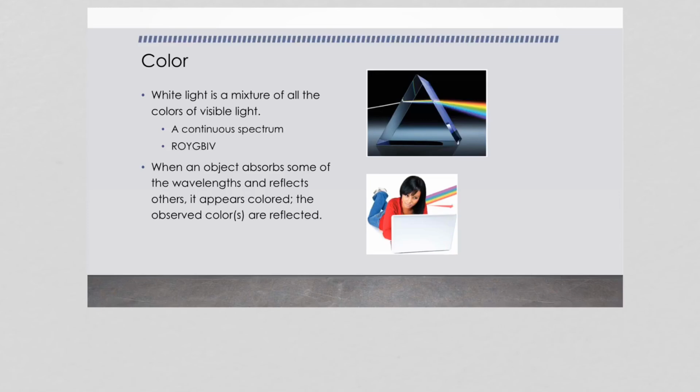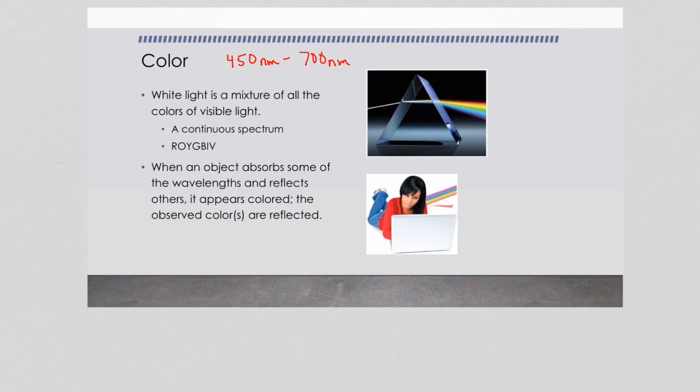We'll see that span is about 450 nanometers to about 700 nanometers in wavelength is what the human eye can perceive. And within that, we're going to have the various colors of visible light that we can absorb.